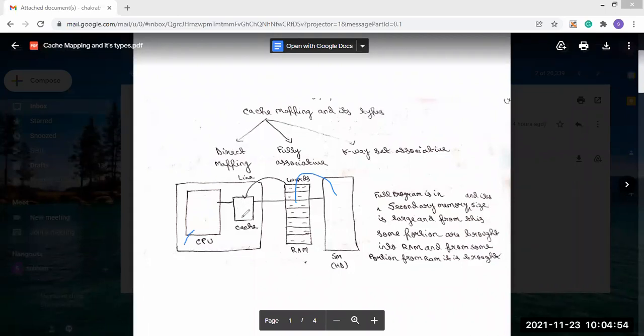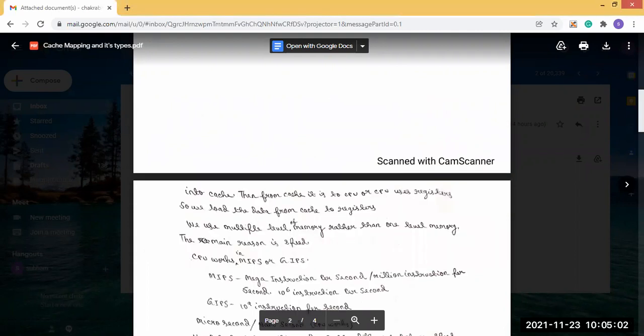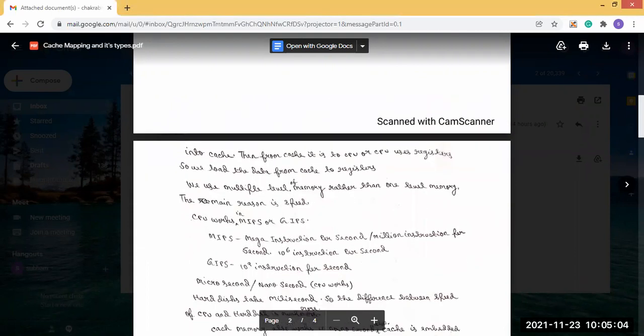This level of memory is used because the CPU works in MIPS or GIPS, since CPU speed is much higher.